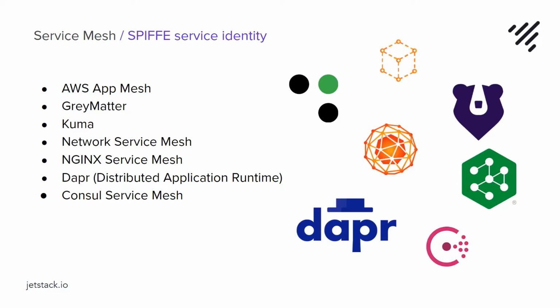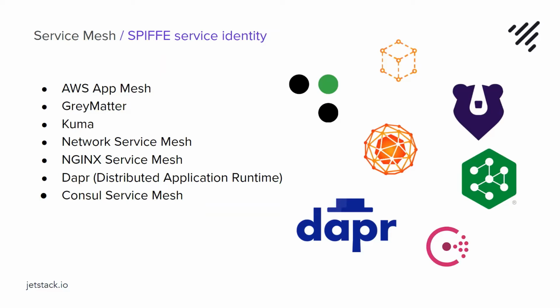Of course, it's worth pointing out that there are many other meshes out there, and we had limited time today. What we've shown are three, and for the most part they use SPIFFE identity, which Josh spoke about. But there are others that many of you will possibly be familiar with already.